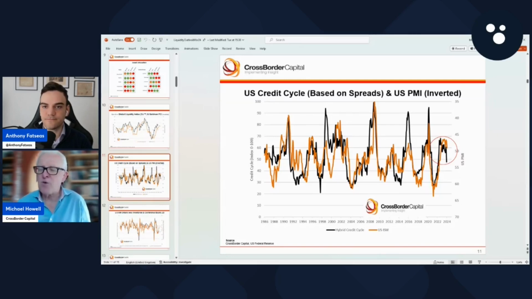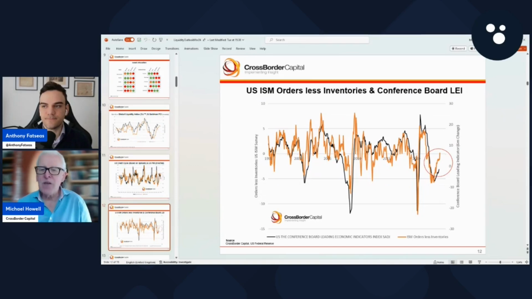As that black line comes down, credit markets rally. The orange that we put on top is the US PMI or ISM index inverted. So it shows that this is a very normal economic cycle unfolding, again, despite what economists say.